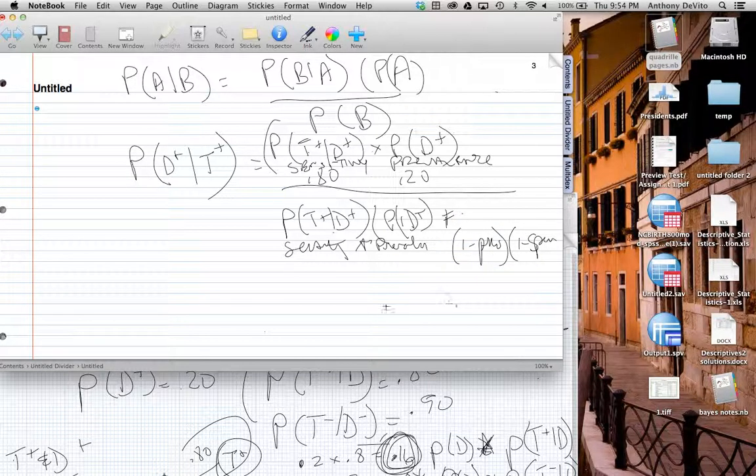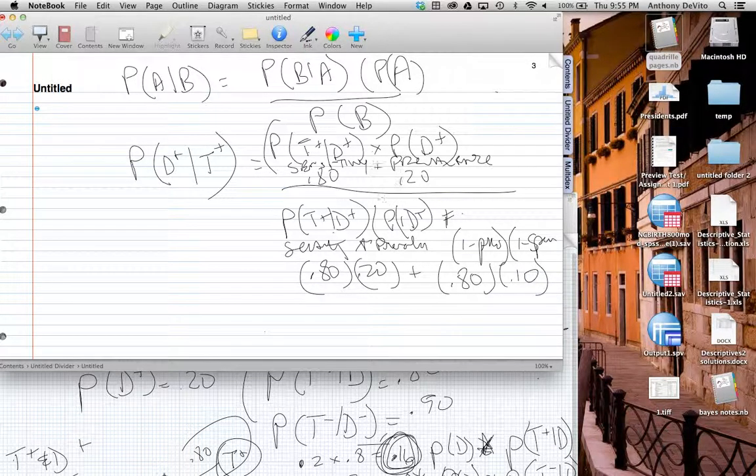We have our 0.8 times 0.20 plus, 1 minus the prevalence is 0.80, times 1 minus specificity, which is 0.10.